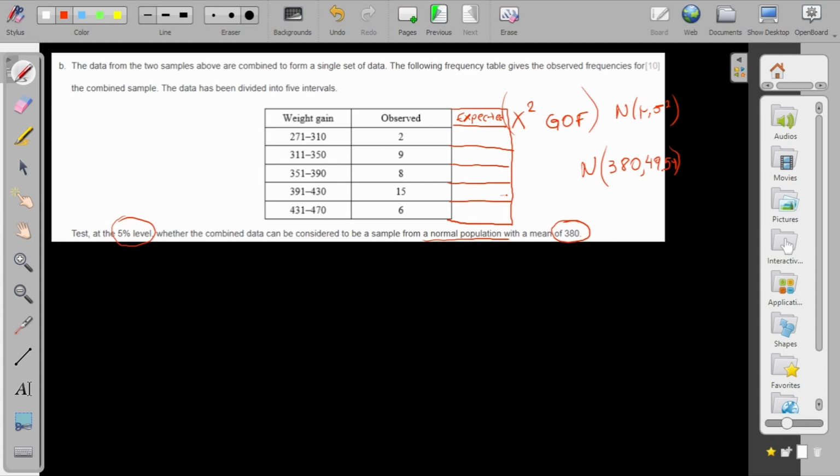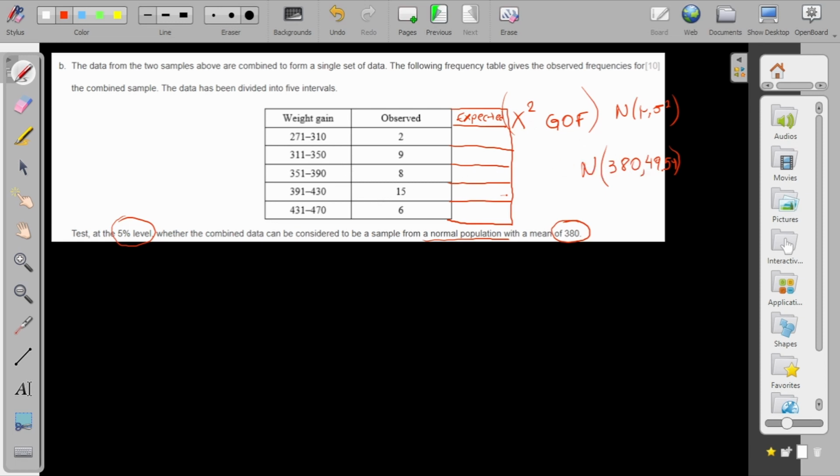You have to understand now that, for example, to find the expected value of the first interval, 271 up to 310, I must find the probability of getting 2 out of all of them. Which probability of the normal distribution?